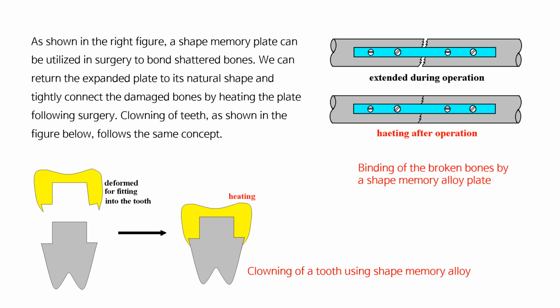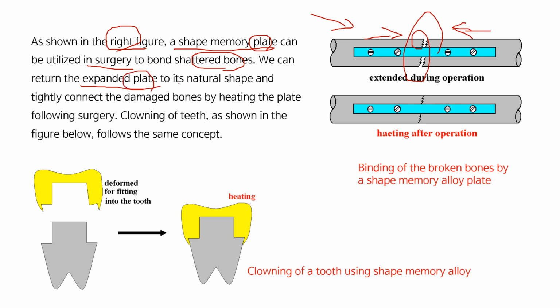As shown in the right figure, a shape memory alloy plate can be utilized in surgery to bond shattered bones. So shattered bones are connected by a shape memory alloy plate. We can return the expanded plate to its natural shape and tightly connect the damaged bones by heating the plate following surgery.